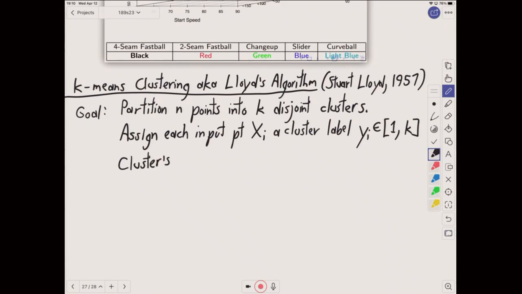As the name k-means clustering suggests, we care a lot about the mean of each cluster.